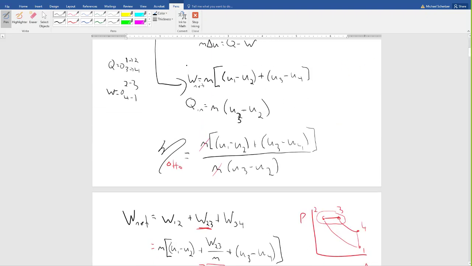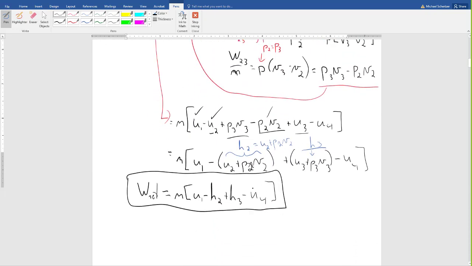This is almost the same as the net work for the Otto cycle, but in the Otto cycle, they're all specific internal energies. What happens, sort of by happenstance, as we go to diesel, is that state 2 and state 3 are on this horizontal line, this constant pressure line. So these two states on the horizontal line go from U's to H's, which is the first letter in horizontal, when I talk about my net work term.